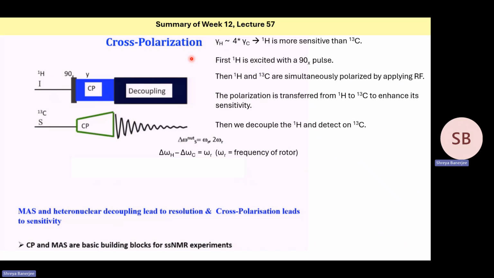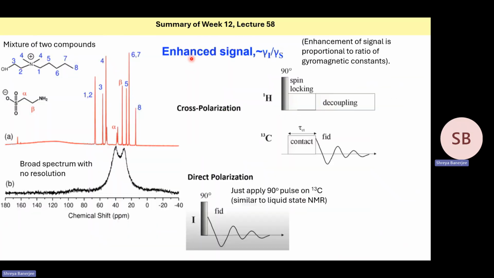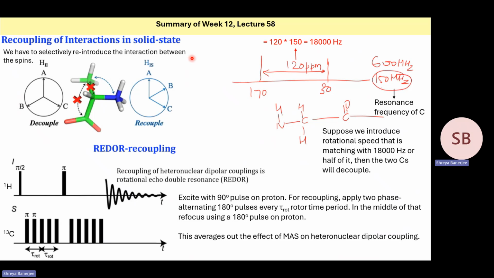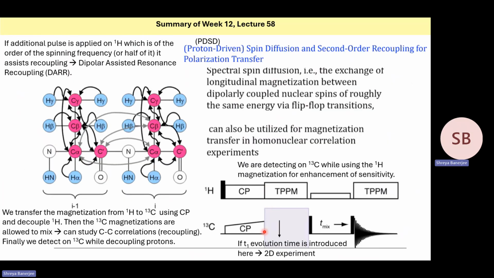But now we are reintroducing the heteronuclear dipolar coupling. So after the magnetization is transferred to 13C, we are not decoupling it, but we are giving a T mix.